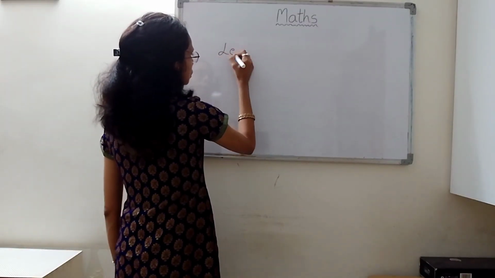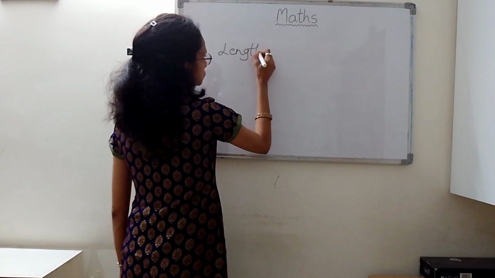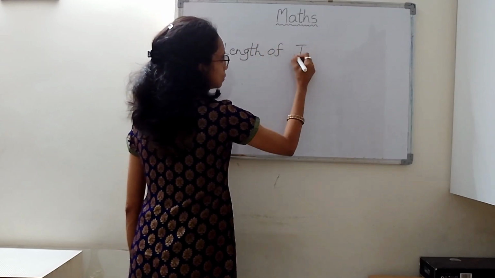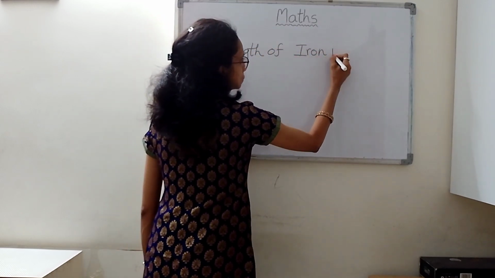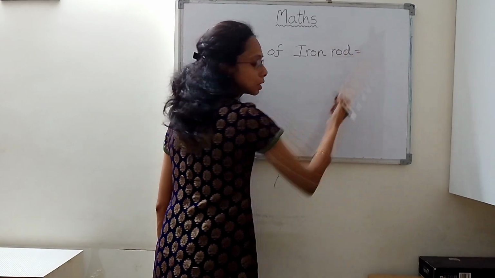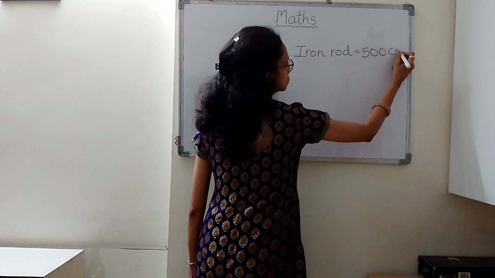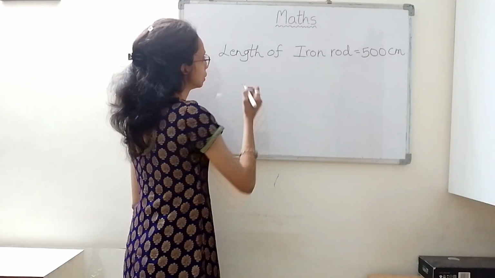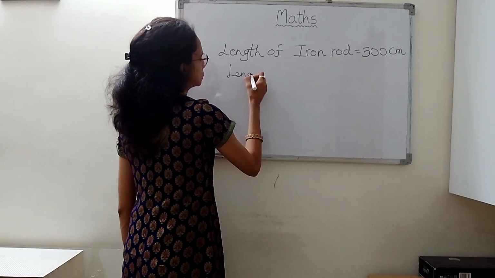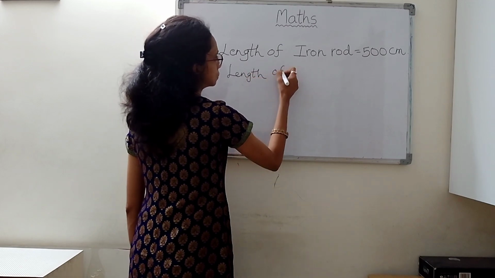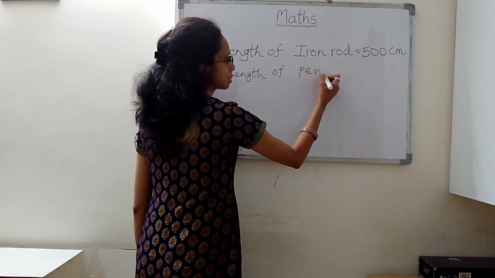The length of the iron rod is 500 centimeter, and the length of the pen is 20 centimeter.